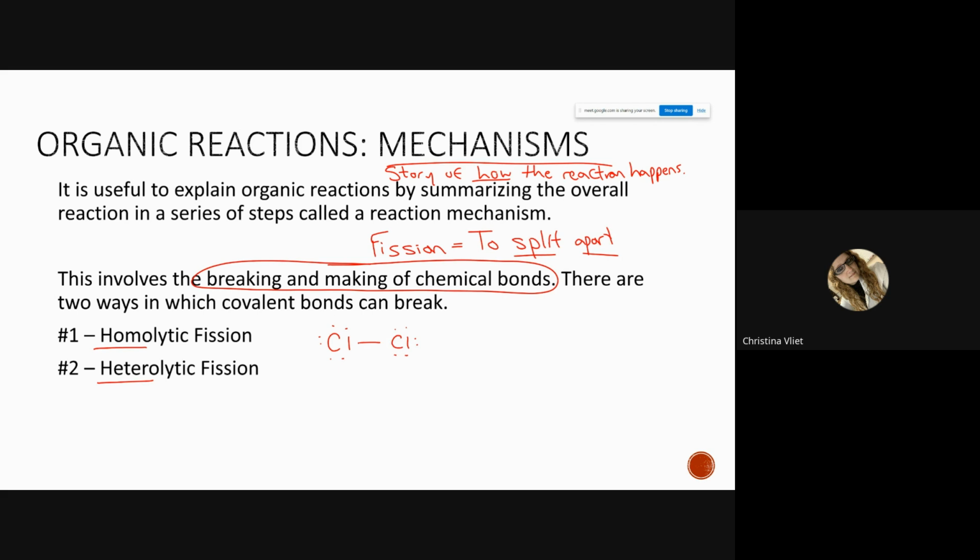And so that's what a homolytic fission is. And we do it with a little half arrow. That literally is a half arrow, like it's half of an arrow. This is a half arrow. This is a full arrow. Cambridge wants a half arrow for homolytic. Full arrow will exclusively be used for heterolytic.